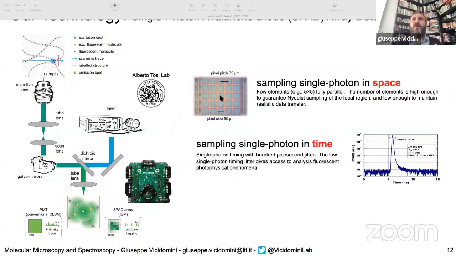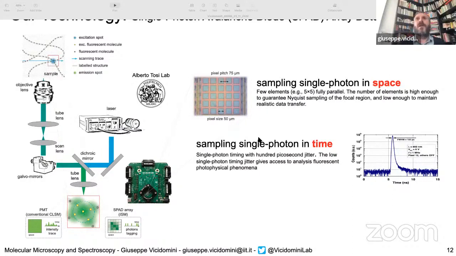So that's very important. There is no frame rate. So you can acquire a photon from each element at a frequency in the order of tens of megahertz, because you just have a small hold off every time you collect a photon. Then the other very important property is that it's a single photon detector, with a time resolution of a few hundred picoseconds.